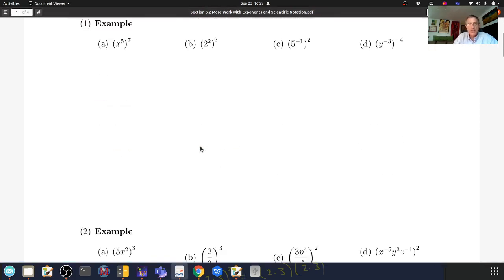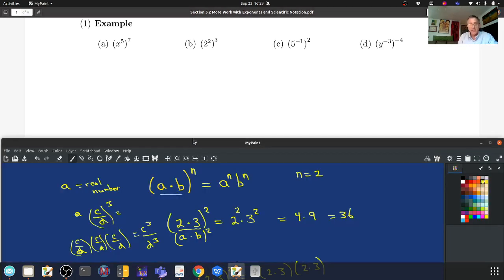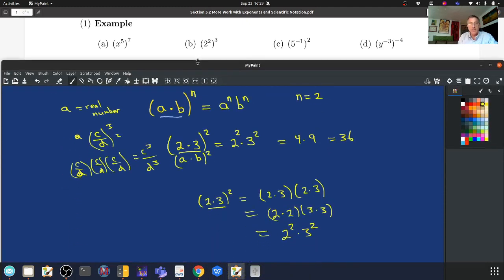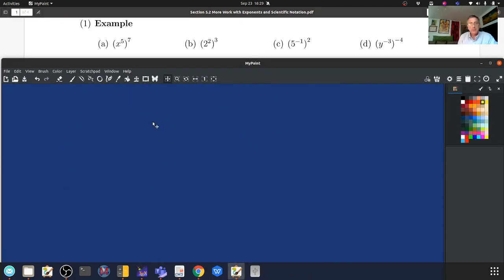I don't care whether you know the names of the rules or not. I never remember them. There are too many different names. I just know what they do. So let's do 1a. x to the 5th raised to the 7th power.